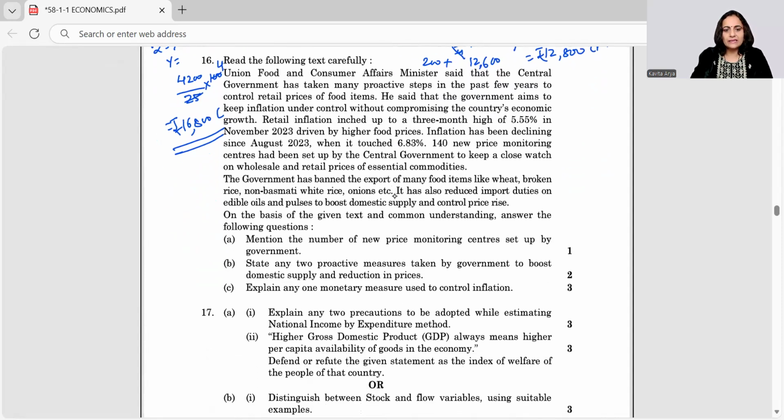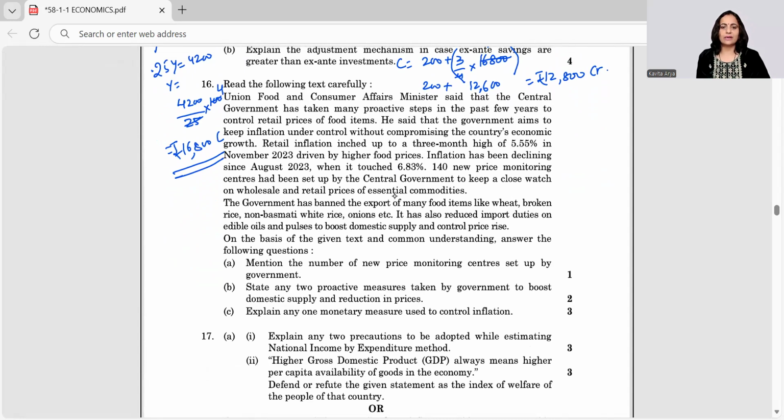We are given a case study, and what is it about? Let's see. Union Food and Consumer Affairs Minister said that the central government has taken many proactive steps in the past few years to control retail prices of the food items. He said that the government aims to keep inflation under control without compromising the country's economic growth. Retail inflation inched up to a 3-month high of 5.55% in November 2023, driven by higher food prices.